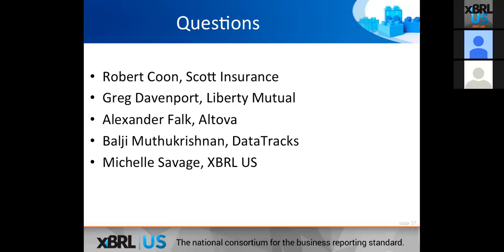Greg, I don't know if you had any thoughts on business rules. No, I think your suggestion is a good one, Michelle, to add that and put that on the docket. We can create a number of business rules that essentially put parameters around what's allowable for values that are reported using the taxonomy, and then that can be used to produce alerts or messages that tell you when things have been introduced incorrectly.